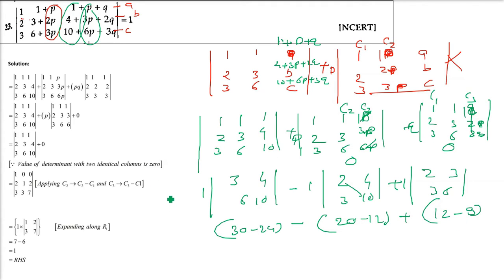If you see here, exactly same way you are going to do. 30 minus 24 is 6, 20 minus 12 is 8, and 12 minus 9 is 3. So you get 6 plus 3, 9 minus 8 is 1. This is the answer. This is the whole way.